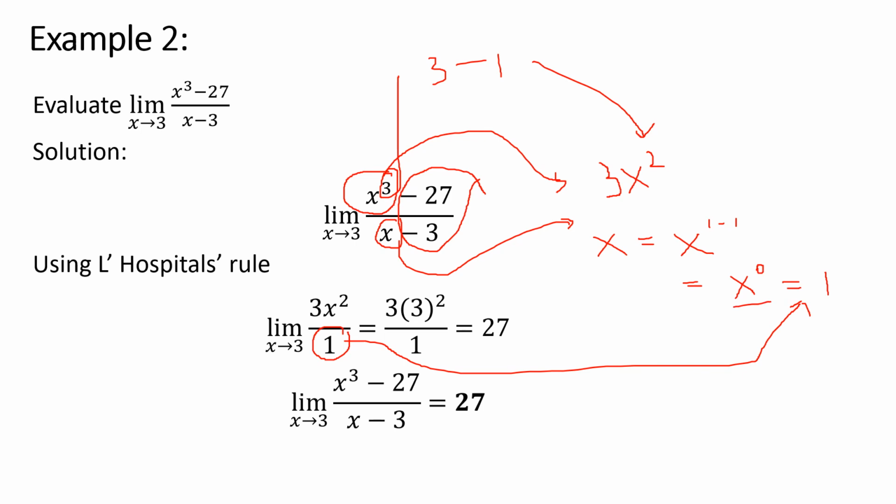So if we're asked to take the derivative of this one, the derivative of x is 1 times x raised to 0. So this portion is equal to 1. Therefore 1 multiplied by 1 is equal to 1.